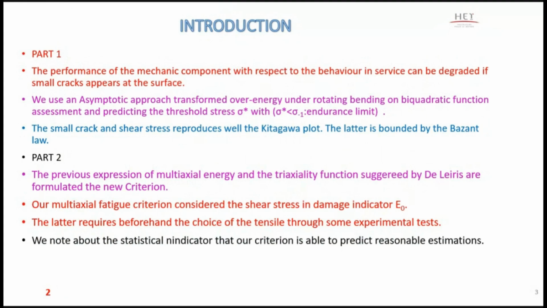Part 2: you have the previous expression of multi-axial energy and the triaxiality function suggested by the literature, formulated into the new criterion. Our multi-axial fatigue criterion considers the shear stress in the damage indicator A index 0.